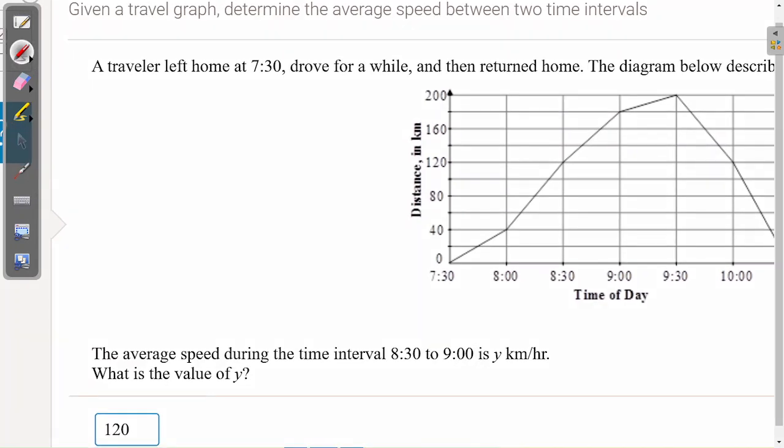Let's find it. So you do y2 minus y1 over x2 minus x1. At 9 o'clock, here it's 180, since between 200 and 160 is 180. So 180 minus, at 8:30, the distance is 120.